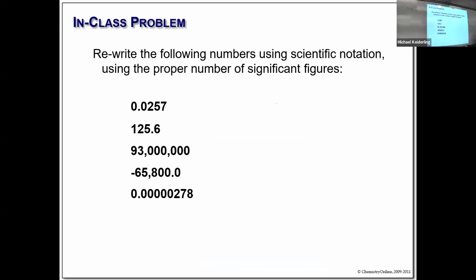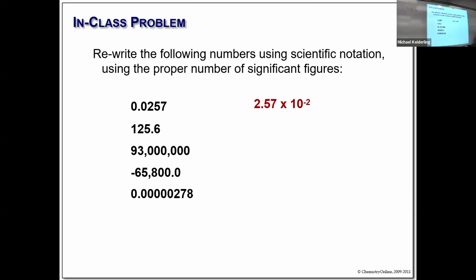So here, we want to rewrite these in scientific notation using the right number of significant figures. So 0.0257: we need to move two places to the right, so that's going to be times 10 to the minus 2.